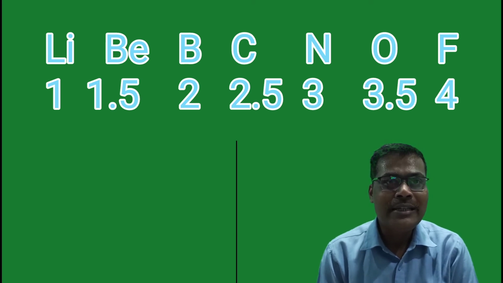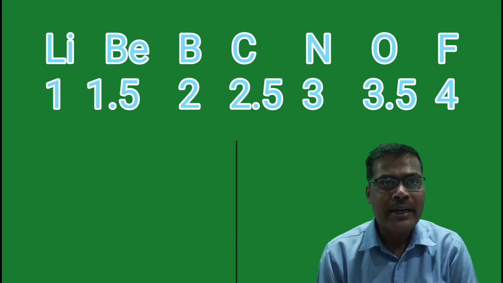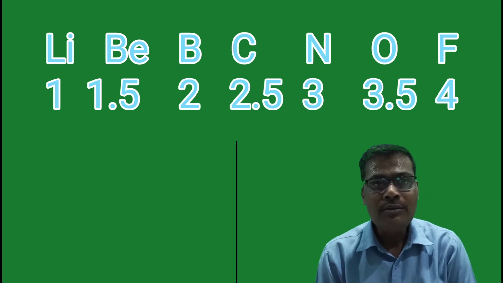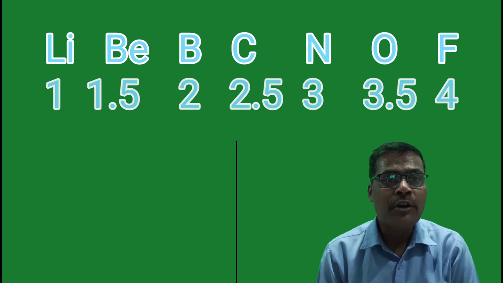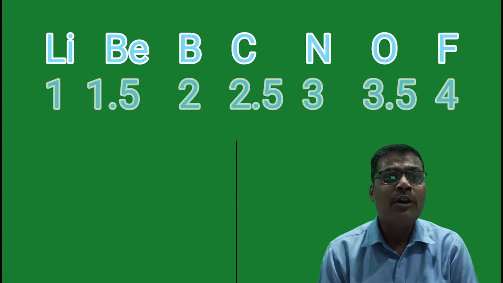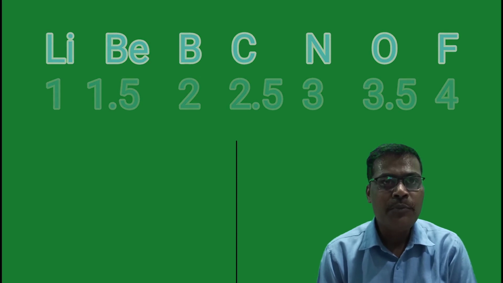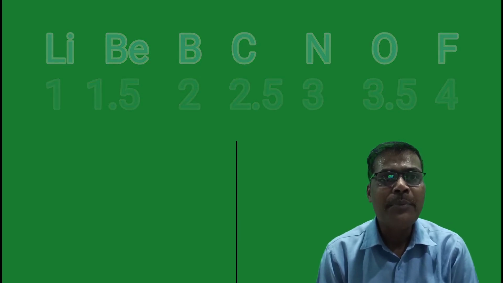It is 1 for lithium, 1.5 for beryllium, 2 for boron, 2.5 for carbon, 3 for nitrogen, 3.5 for oxygen, and 4 for fluorine. That is the highest value for any element in the periodic table.